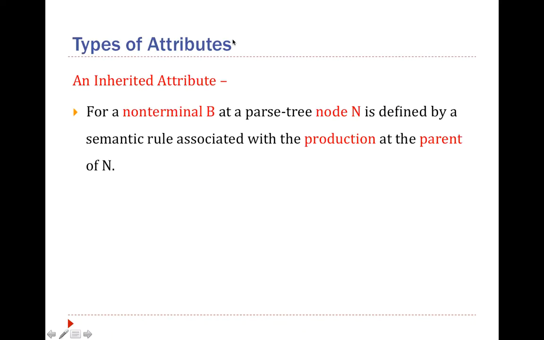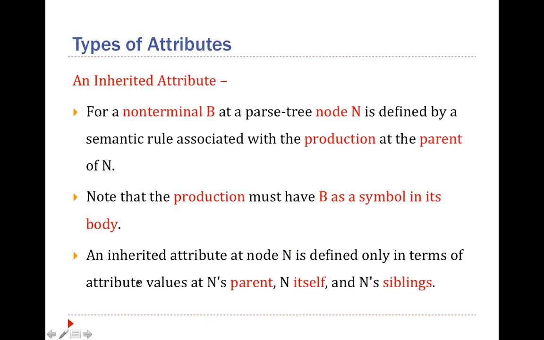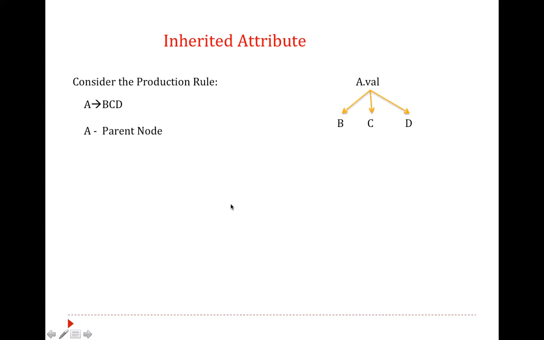Now the second type is inherited attribute. An inherited attribute at node n is defined in terms of attribute values at the parent node of n and siblings of n. Once again, the example: A gives BCD is a production rule, and this is a part of the parse tree corresponding to this production rule.